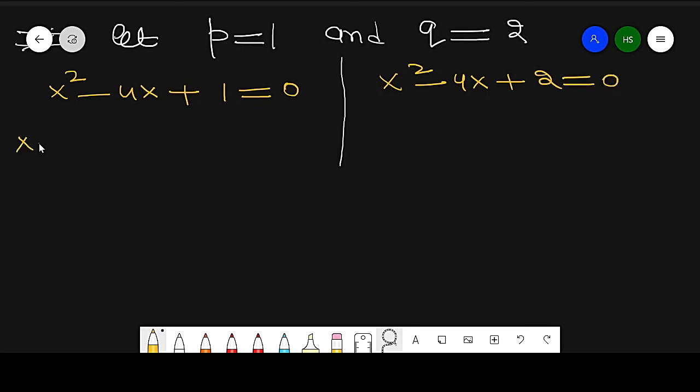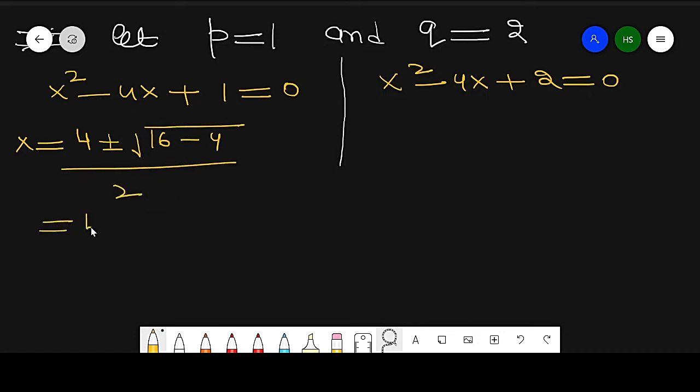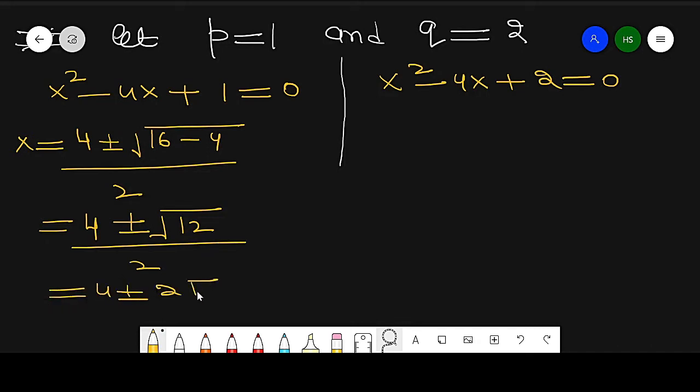What is the root of the first? 4 plus minus square root of 16 minus 4 over 2, so this becomes 4 plus minus square root of 12 by 2, which is 4 plus minus 2 square root of 3 over 2. So this is 2 plus minus root 3. These are the two roots.